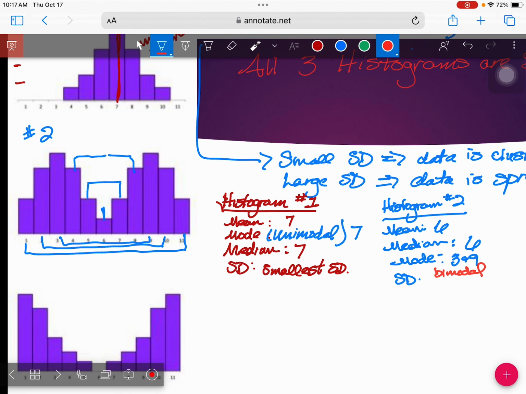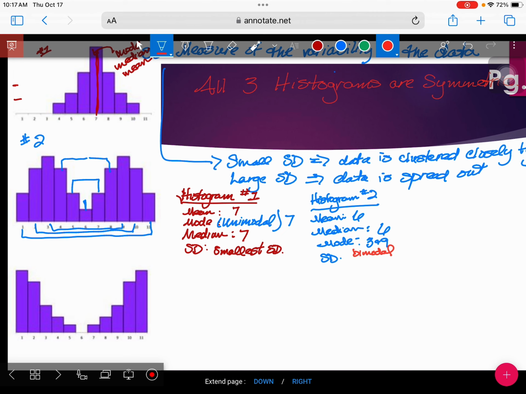And what about the standard deviation? How much variability is there in the scores? A lot. Would you say it's medium variability or the greatest variability of these three?